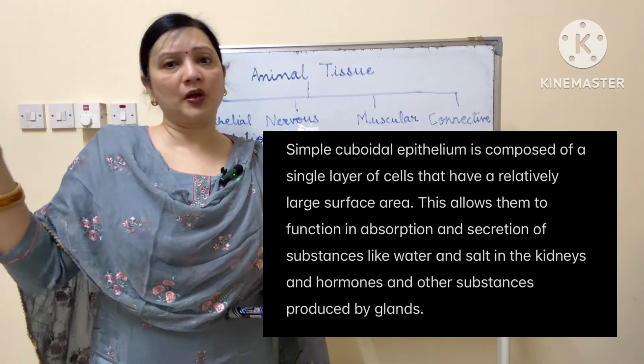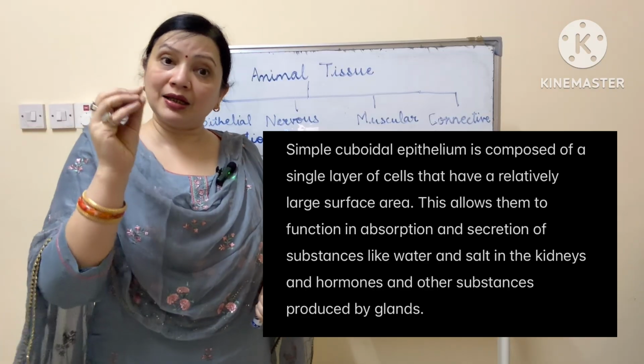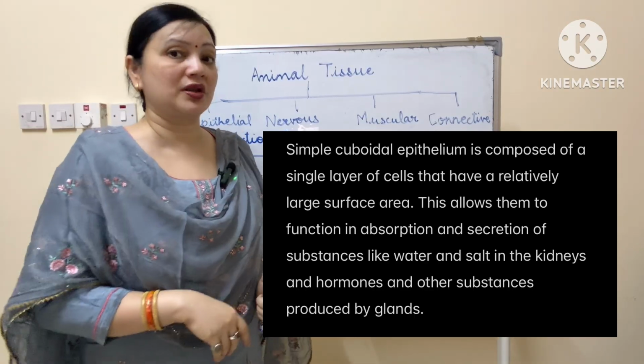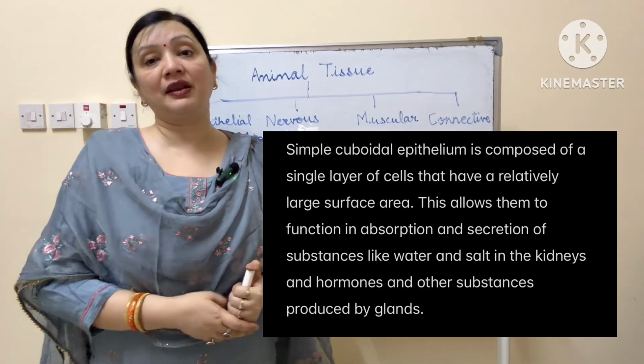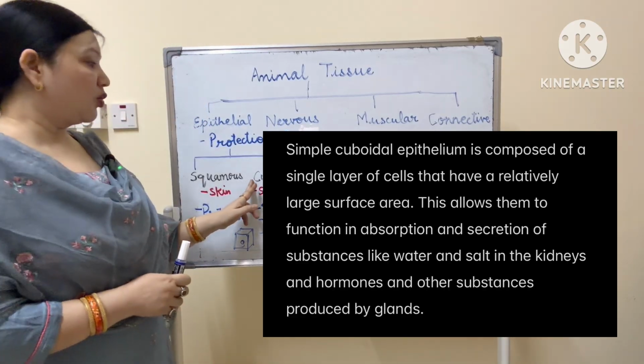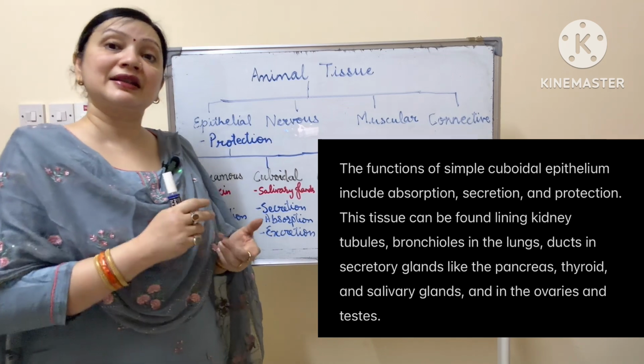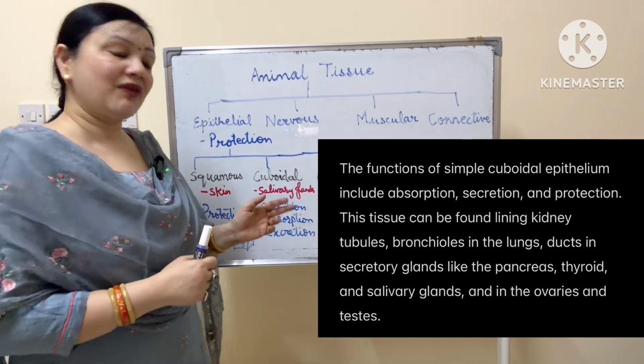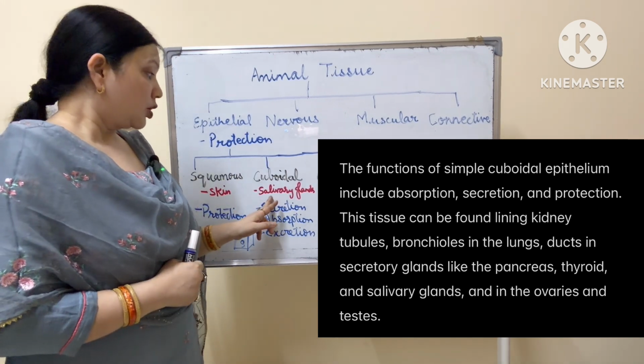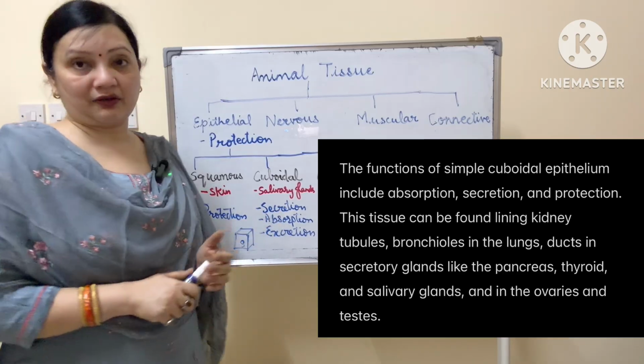More saliva must be produced inside the gland, but in small batches it is secreted in the mouth. So this cuboidal epithelial tissue is present in our sweat glands, in salivary glands, and in various other organelles. So the main function will be secretion.